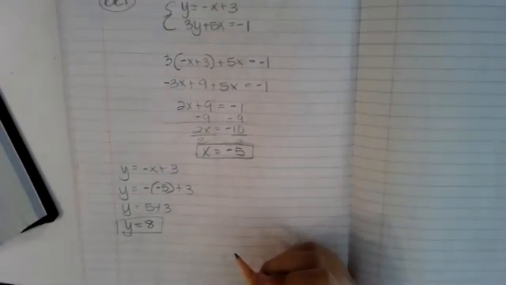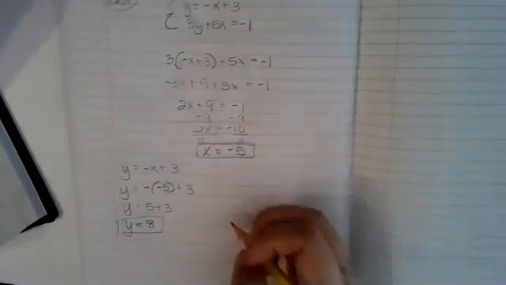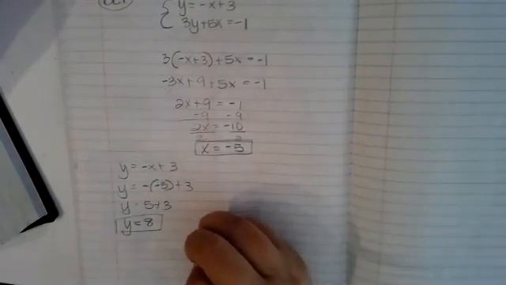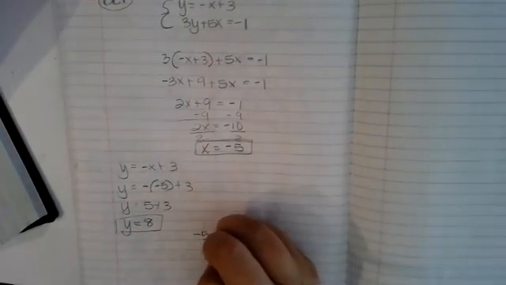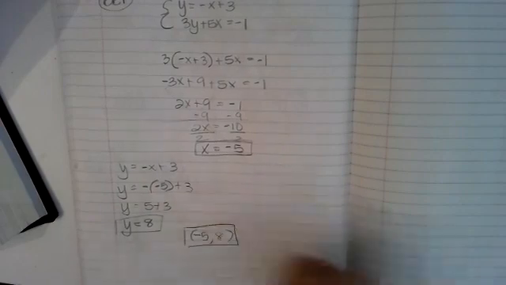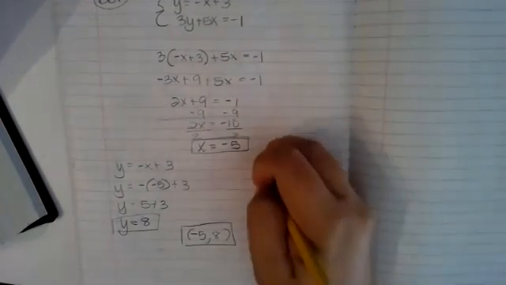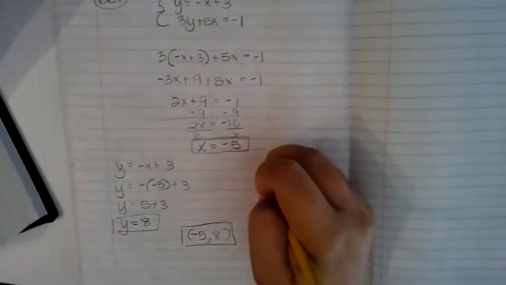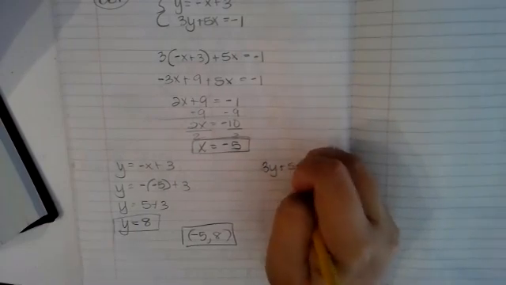Now I'm going to substitute what I believe my solution to be, which is negative 5 comma 8, into my second equation to see that it holds true. So I have 3y plus 5x equals negative 1.